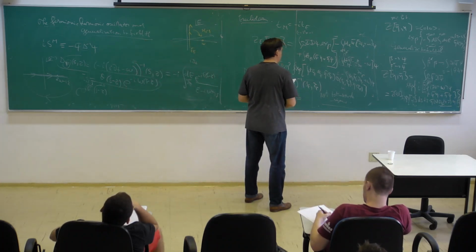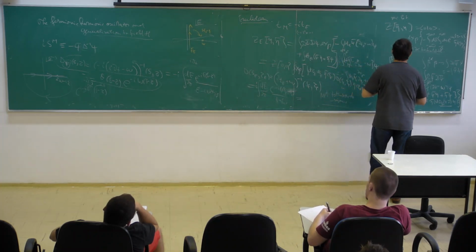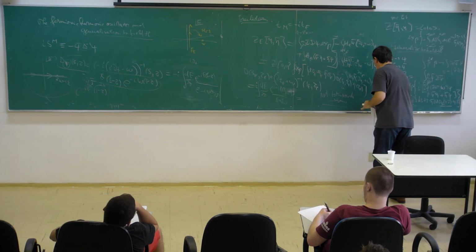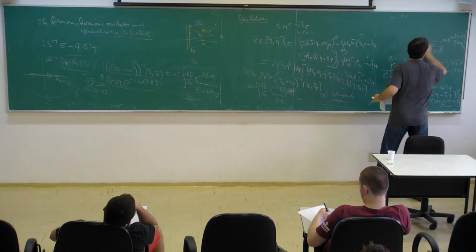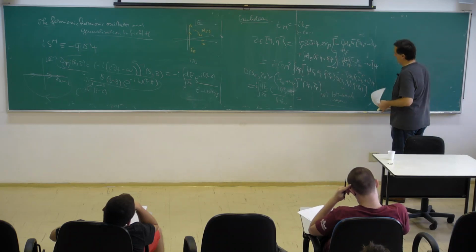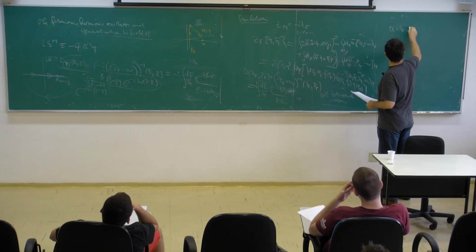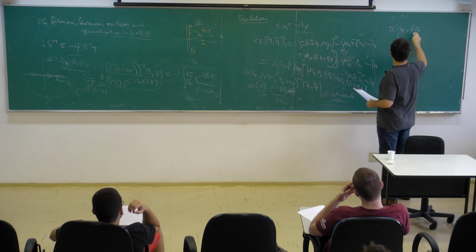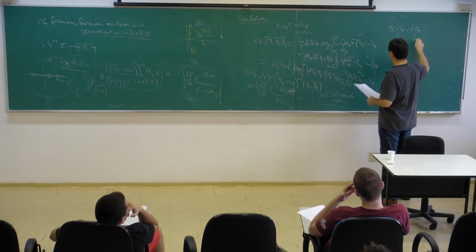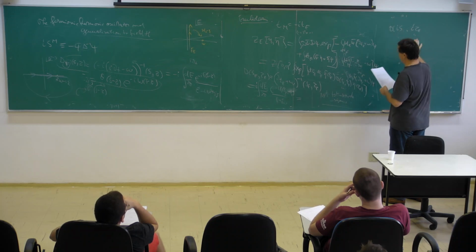And then once we do that, we obtain the rotated case. And we obtain that D of i s Euclidean, i tau Euclidean, which is s Minkowski, tau Minkowski. Sorry, the other way around, right?